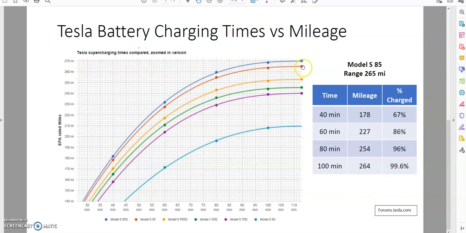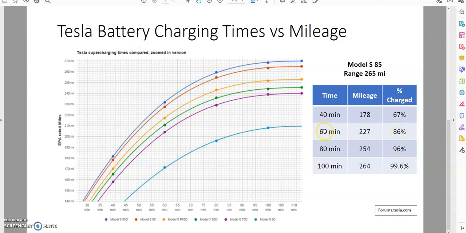That was 265. I considered that fully charged. And 40 minutes into it would give you a range of 178 miles out of the 265, charged at about 67%. So in 40 minutes, you got 67%, but then in another 40 minutes, that didn't finish it off. It came close, but not quite.